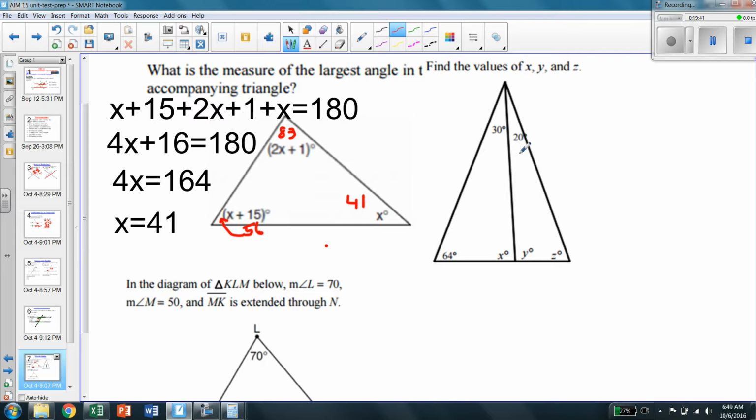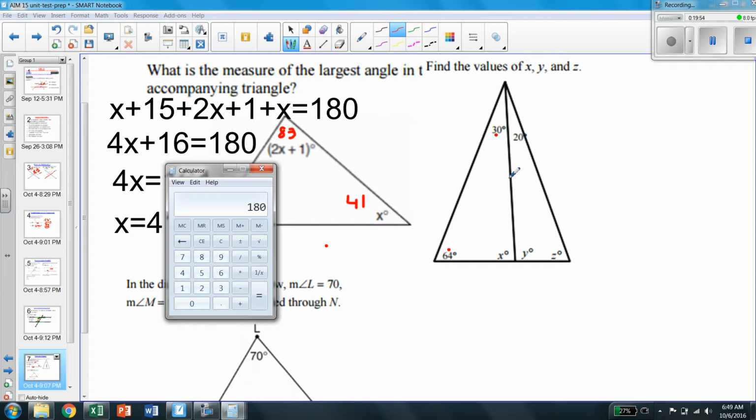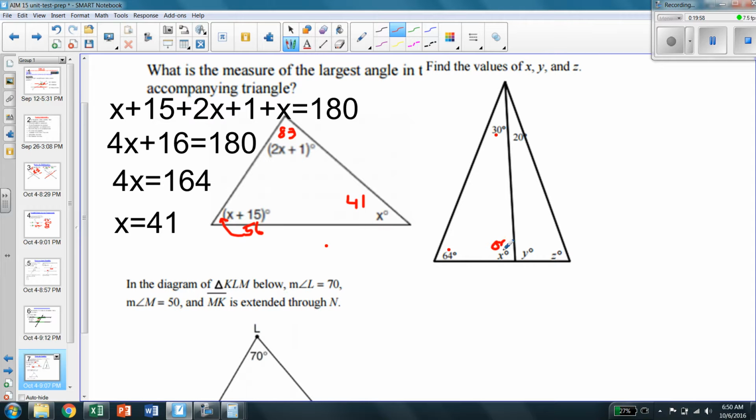Okay. Find the values of x, y, and z. Same thing. Angles add up to 180. 64 and 30 together make 94. So 180 minus 94 is 86. This one must be 86 degrees. Wait a second, this one and this one are right next to each other on the same straight line.